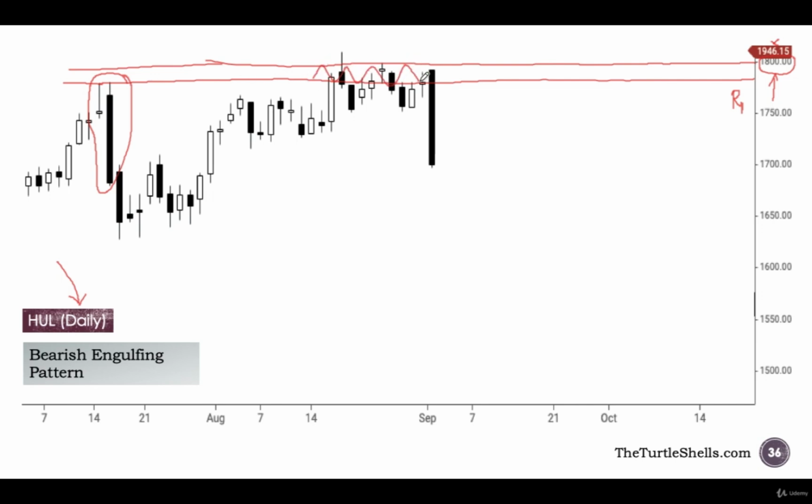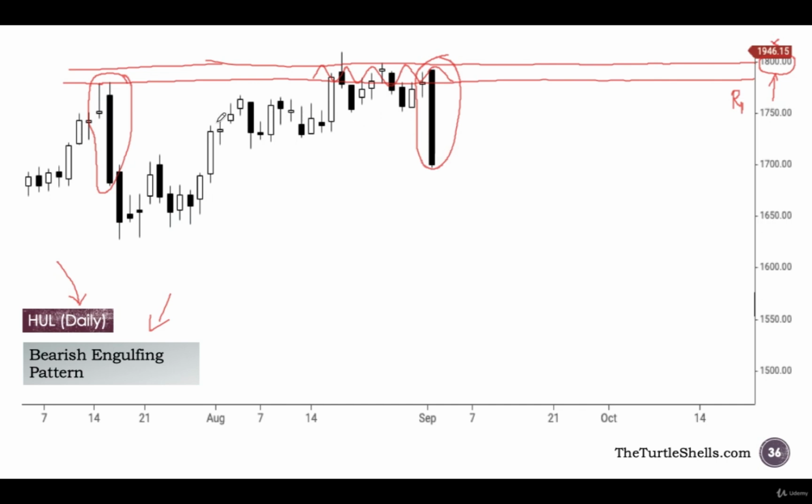To understand the price action that is happening here, we need to look at the resistance zone, not the resistance itself. Now we are looking at a bearish engulfing pattern. I think one of the strongest bearish engulfing patterns you can see is something like this, where the bears aggressively push the price down. You have a very small white real body and the bears aggressively push the price down.